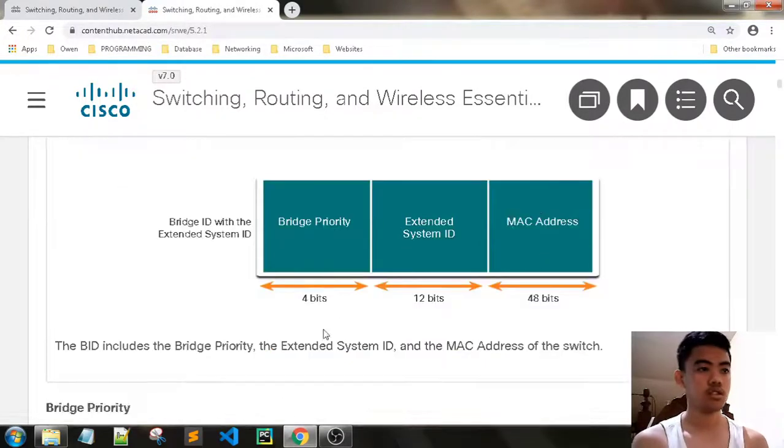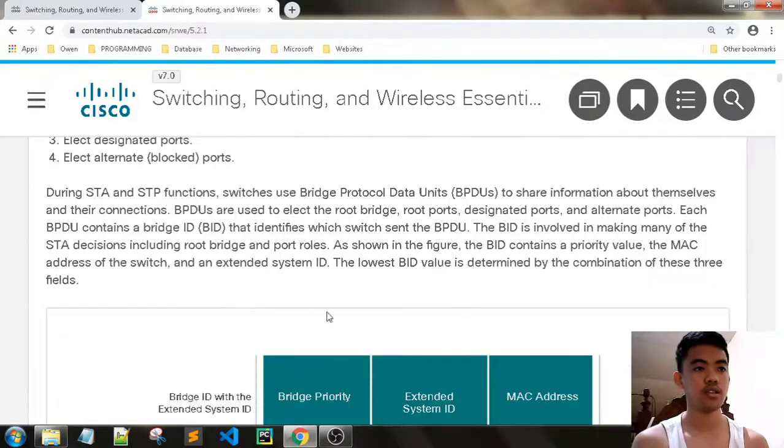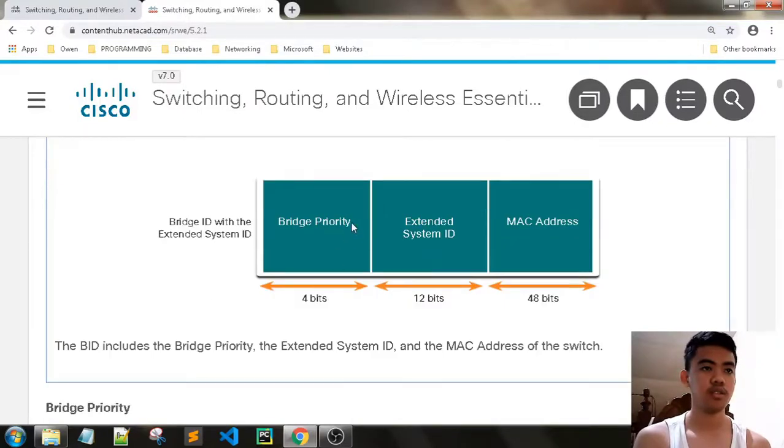This is the BID, which is a part of the BPDU. The BID includes the bridge priority, extended system ID, and MAC address. The lower the bridge priority, the lower the BID, so that switch is elected as root bridge.